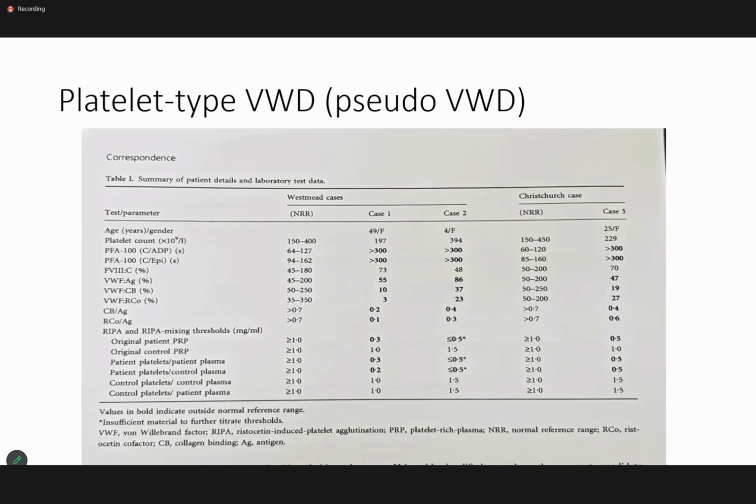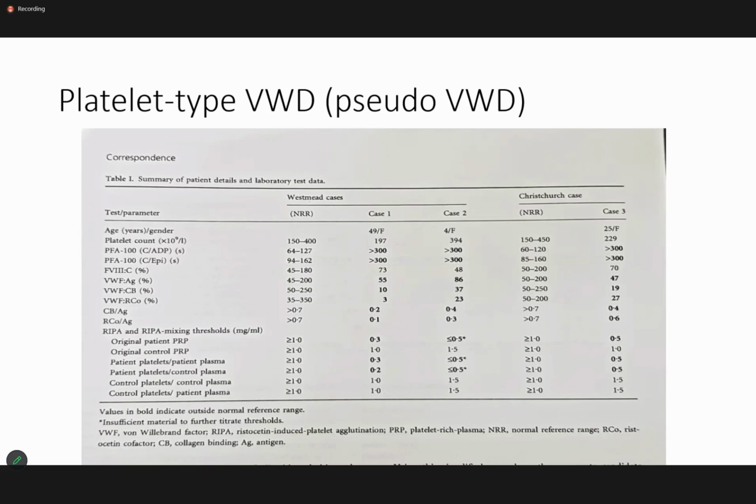Okay, so what happened in this test? We actually did a mixing of patient platelets and patient plasma. Then we have patient platelets and control plasma, and then control platelets and control plasma, plus control platelets and patient plasma.